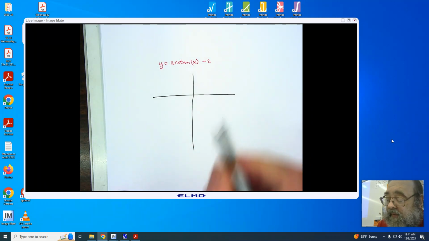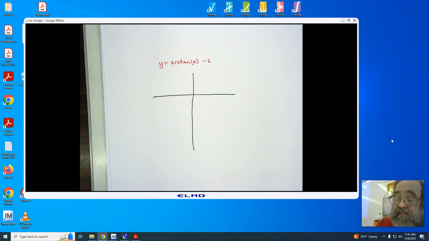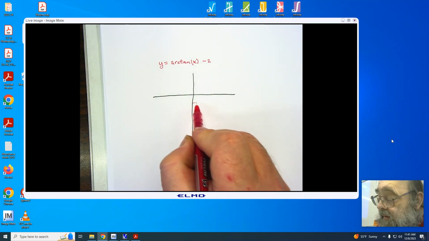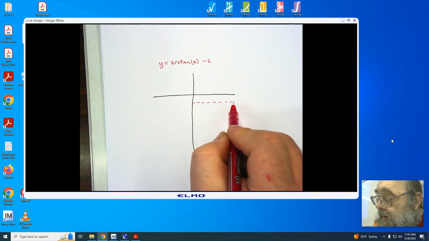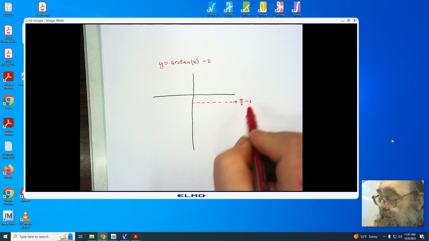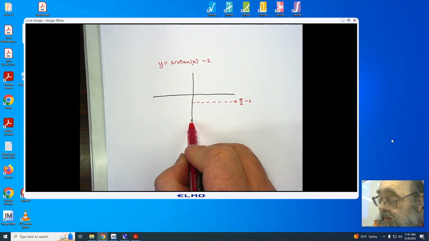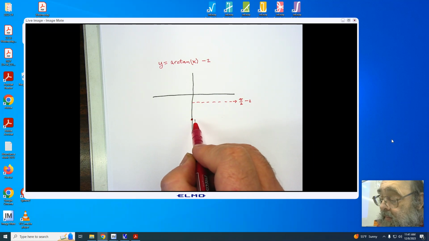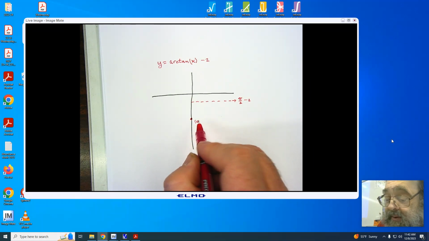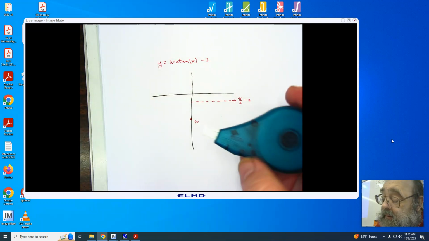Normally I would be going from negative pi over 2 to pi over 2, so we're going to go down to approximately negative 0.43, because that's going to be pi over 2 minus 2. Right here is our 0 minus 2. Pardon.